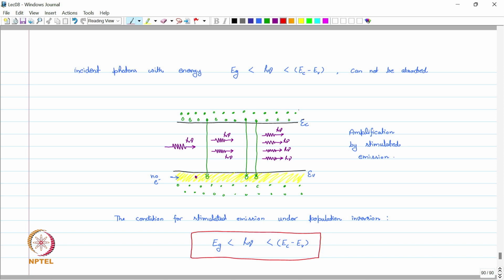At this point this is EFC, and let's say we call it EFV. So this is in fact EFC minus EFV. How many electrons are jumping from top to bottom dictates the value of EFC and EFV. So this is the condition for stimulated emission.